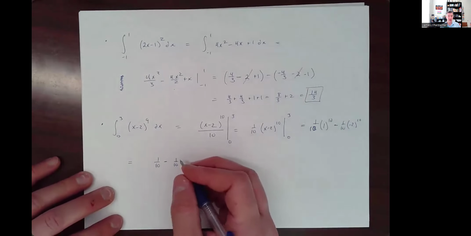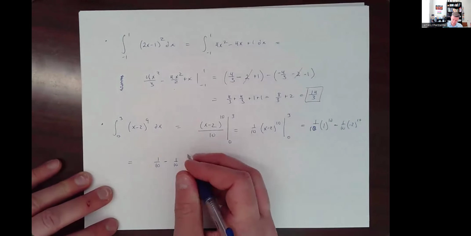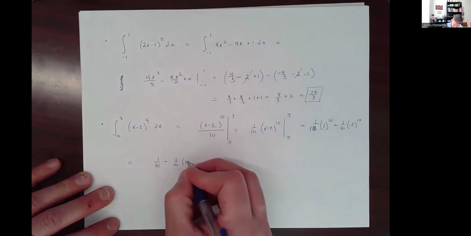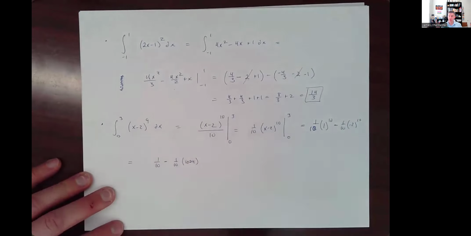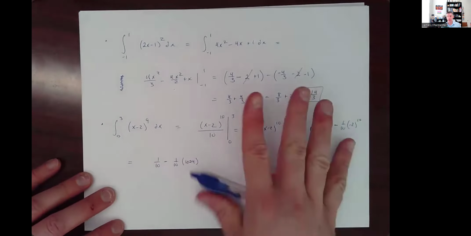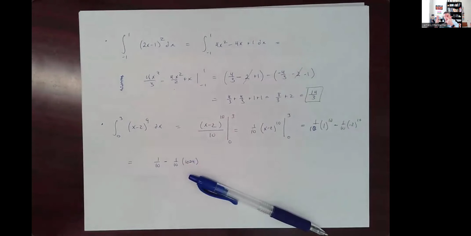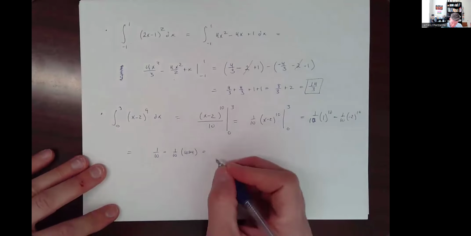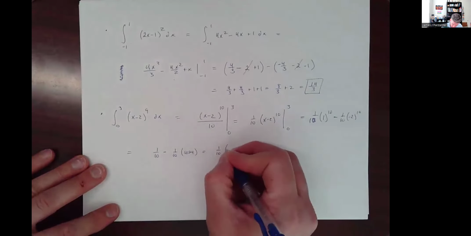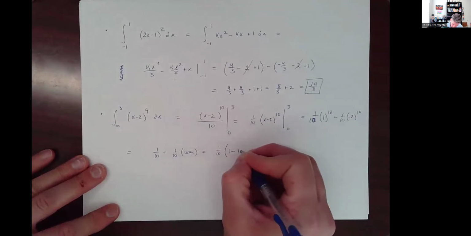And 2 to the 10th power is 1024. If you played that stupid 2048 game, you would know that as well. 2, 4, 8, 16, 32, 64, 128, 256, 512, 1024, 2 to the 10th. So this is really 1/10 times 1 minus 1024.